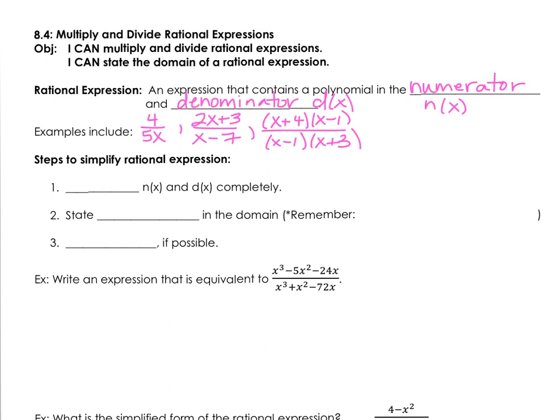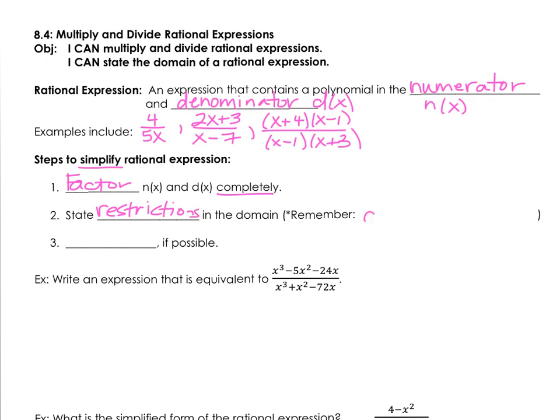When we're asked to simplify a rational expression, the first thing we're going to do is factor. And we'll factor both the numerator and denominator completely. Then, because it's a fraction, we're going to have to state restrictions in our domain. And this brings us back to Chapter 5.